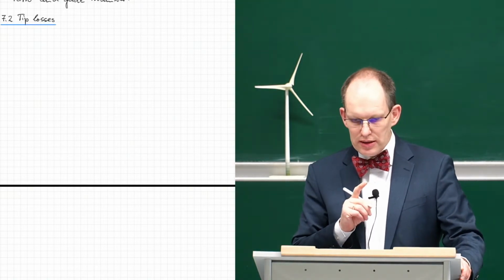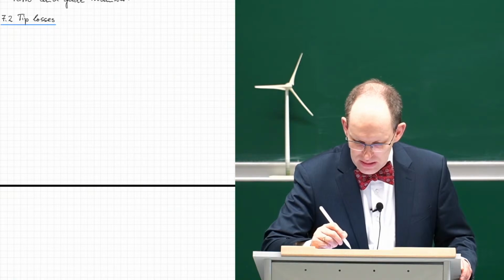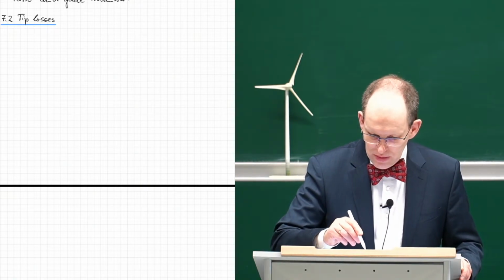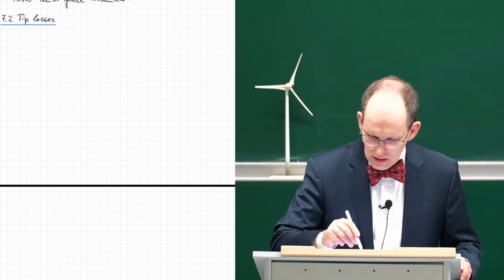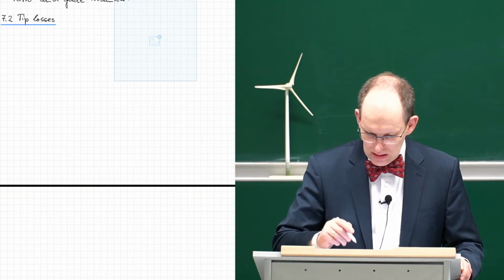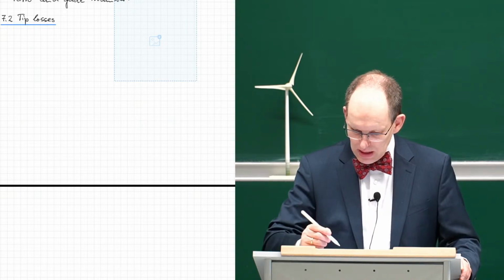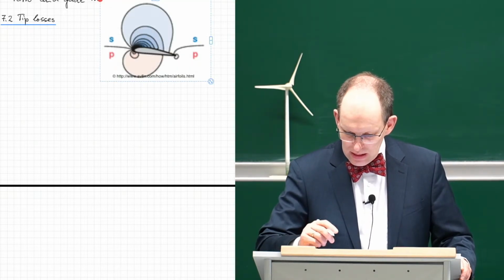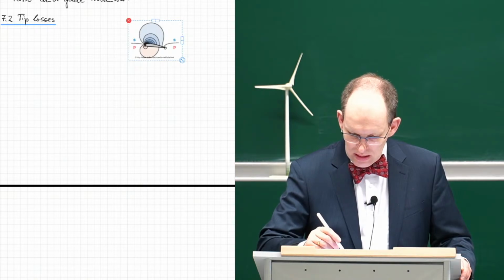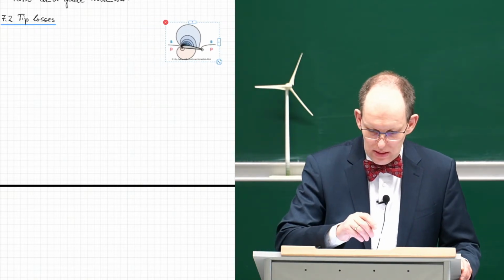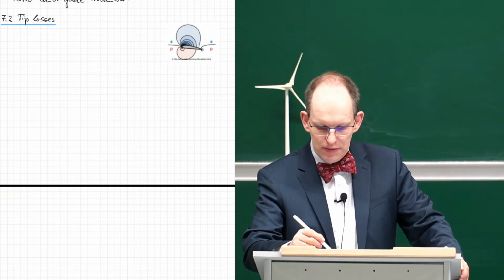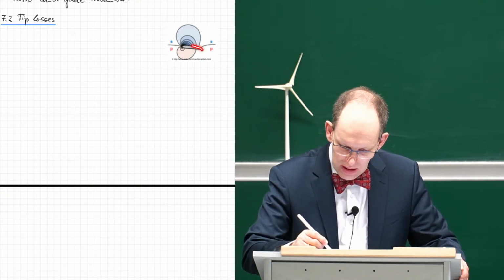So the idea is the following. I start with a few pictures, with a few graphs. So maybe this one here and another one. And what you see in this graph is, of course, this airfoil.